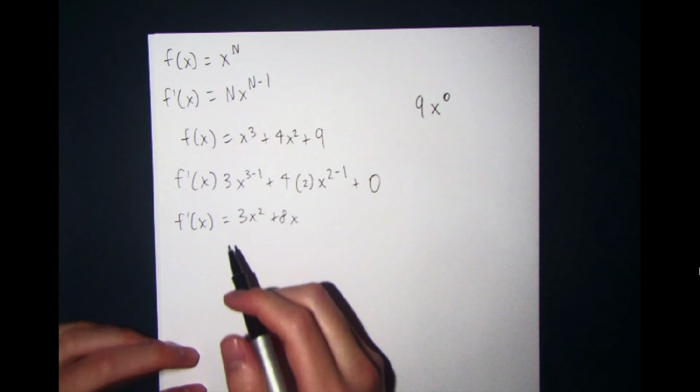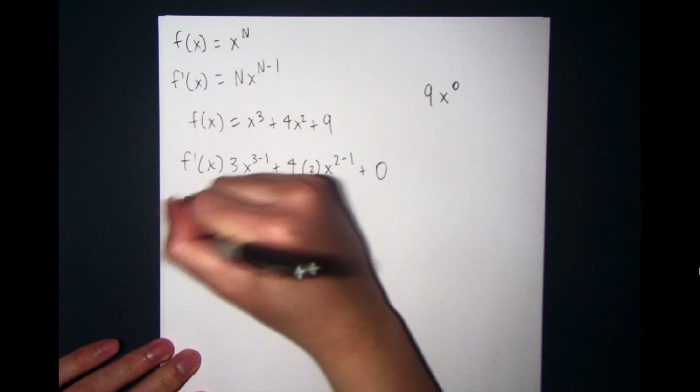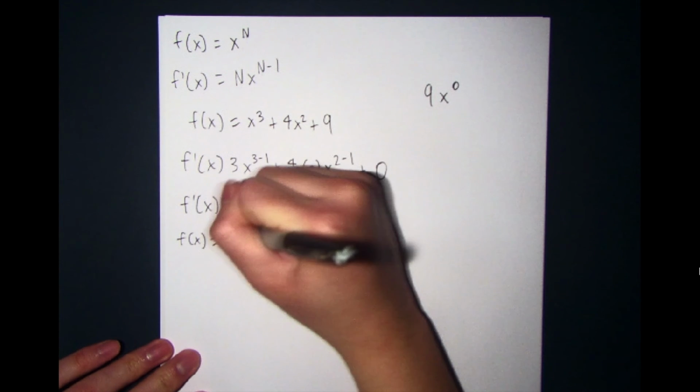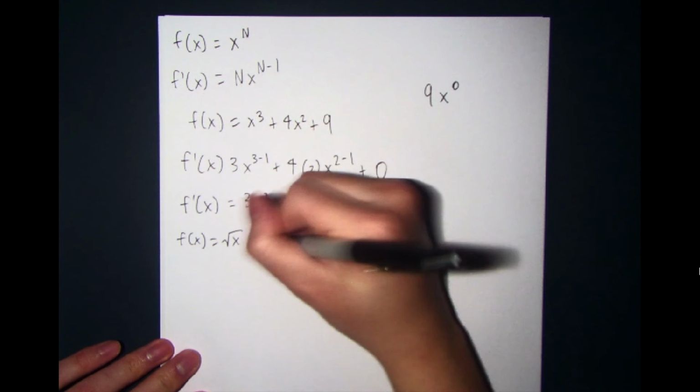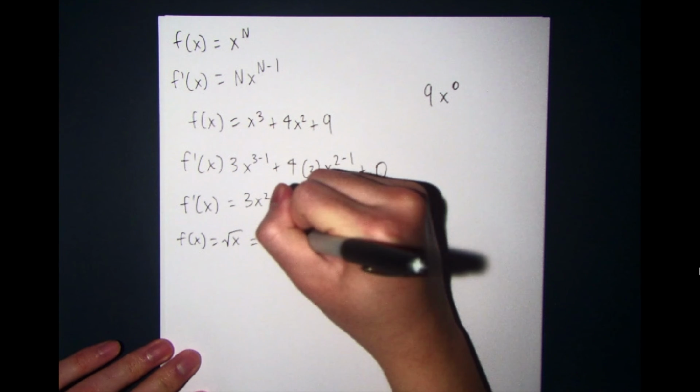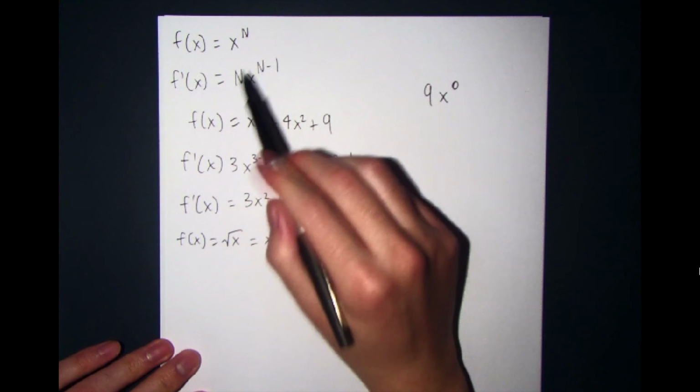Another application for this is, let's say you're given the function f of x is equal to the square root of x. Well, remember that the square root of x is actually equal to x to the 1/2. And so now that we have x in this format, we can apply the power rule.